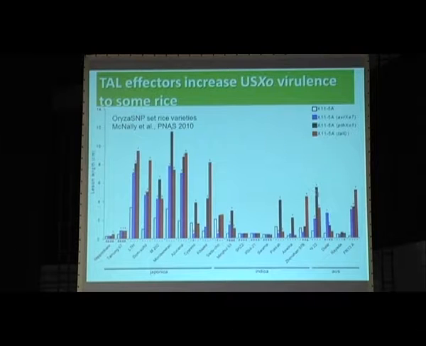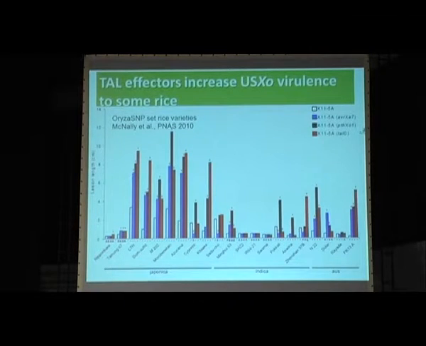So Renee and Valerie and Lindsay inoculated these plants in multiple experiments over multiple times and asked the question, what happens if we inoculate these 20 varieties with the US strain X115A harboring different effectors? So AVRXA7, PTHX01, and TAL-C in this case.